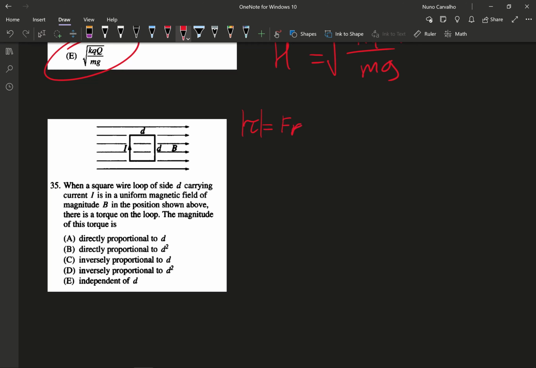So we have here F times R, where R is going to be the distance from the axis of rotation here. But F here is going to be the magnetic force that's imposed on this wire by the magnetic field. And keep in mind that the magnetic force onto a wire is going to be given by this formula from your formula sheet.